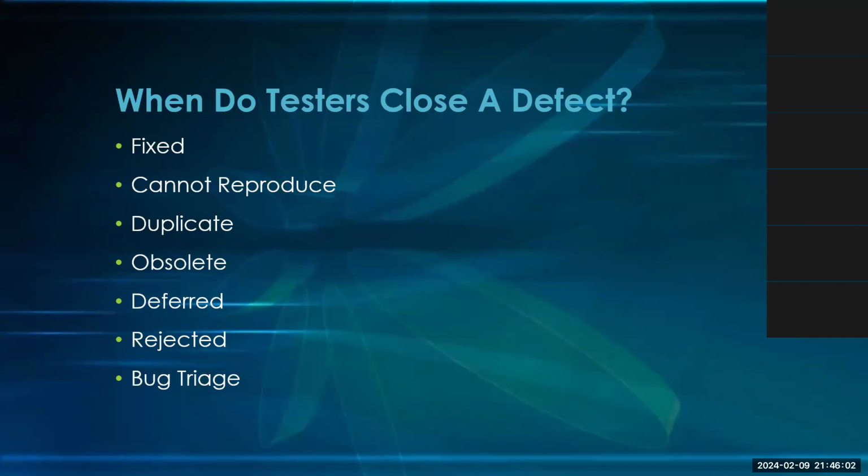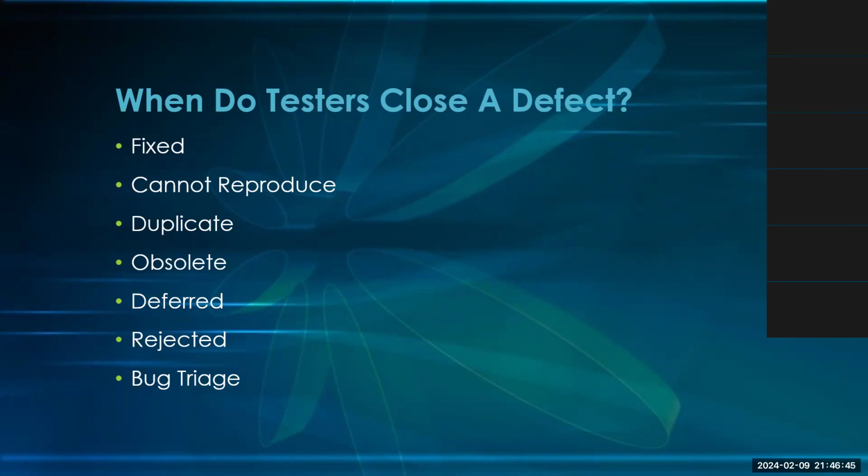Then there's when the defect cannot be reproduced: the defect is not replicating on the laptop of the test lead or the developer, then it can be closed until you find a proper solution or a way to justify the defect. Then duplicate, we've talked about it. Obsolete is when that feature or PBI is no longer on the board.